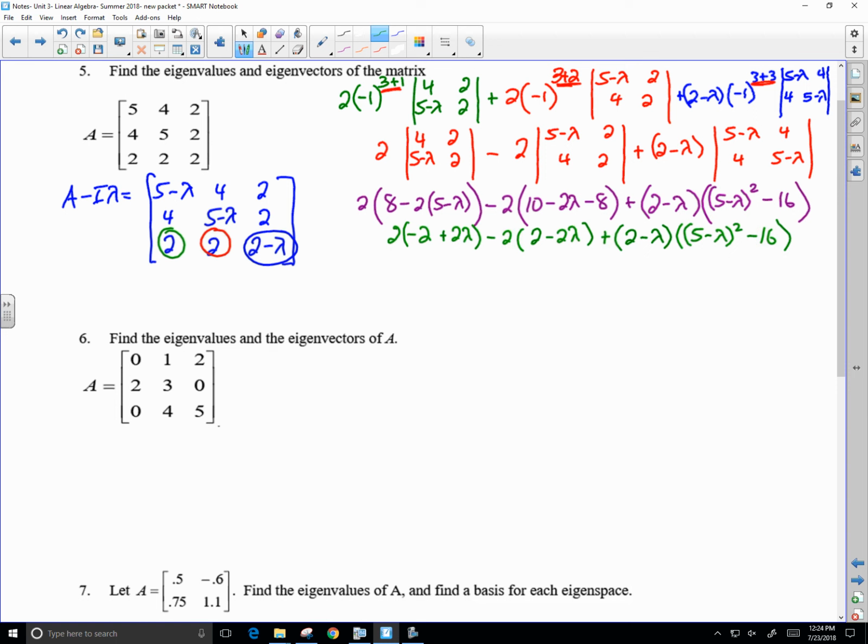All right. There's some GCFs here, which aren't really going to help. It doesn't look like it.